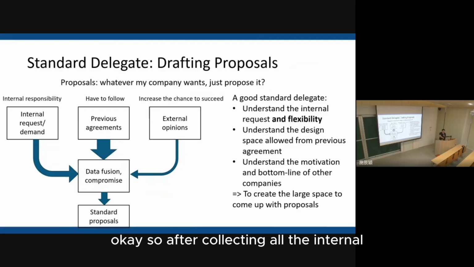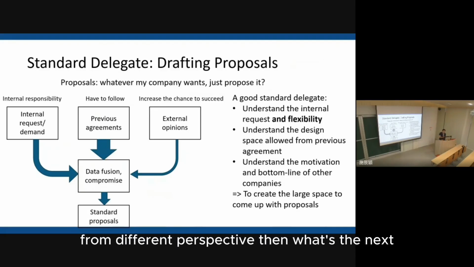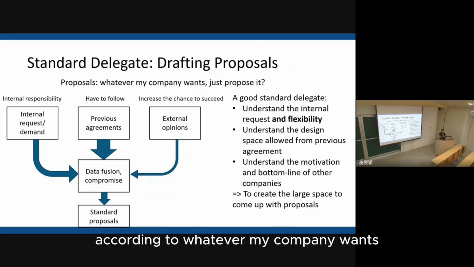Okay, so after collecting all the internal demands and requests from different departments, from different perspectives, what's next? Can I just write the proposal according to whatever my company wants?